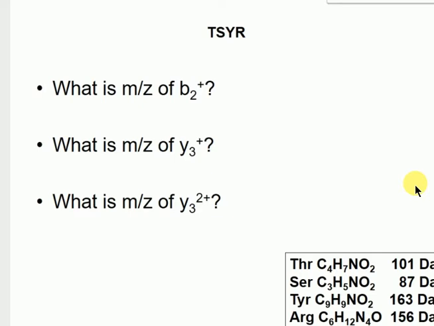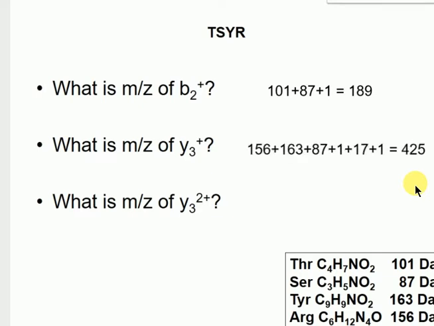It would be the mass of threonine plus the mass of serine plus 1 for the charge, because it's cyclic. If it was the Y3 fragment, so that's cleavage between the threonine and the serine, you've got the mass of the arginine, the tyrosine and the serine, plus the hydrogen at the N terminus, plus the OH at the C terminus, plus the charge, which gives you a mass to charge of 425.